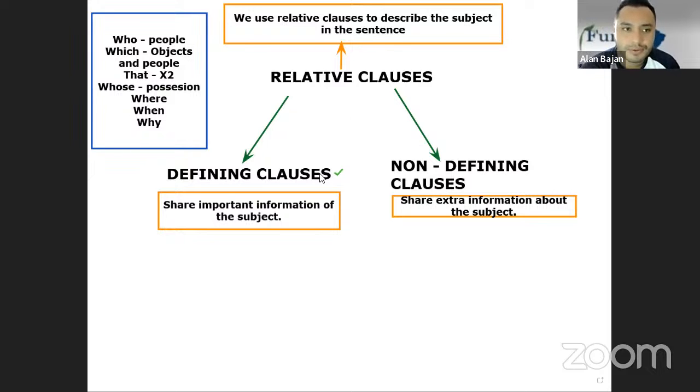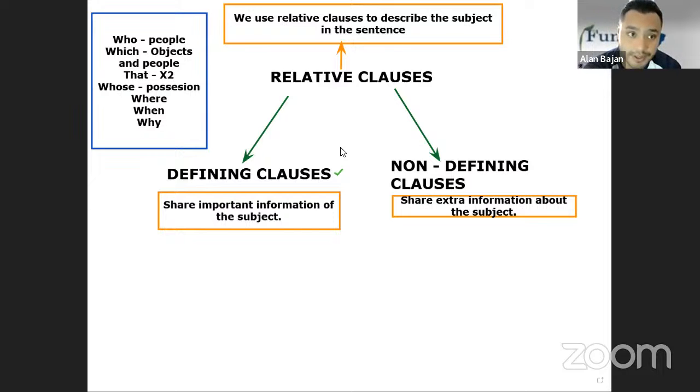Okay, so here we have the relative pronouns: who, which, that, whose, where, when, and why. Which and that are for objects and people. Who is specifically only for people, and whose indicates possession.